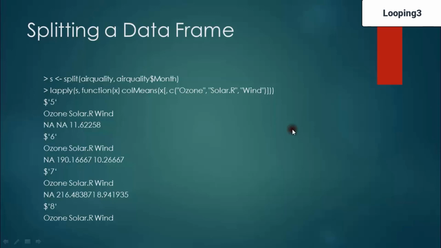So how do I split this data frame? s equal to split of airquality comma airquality dollar Month. So I want to split the airquality data month-wise.